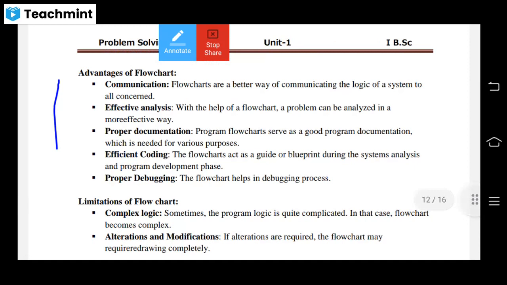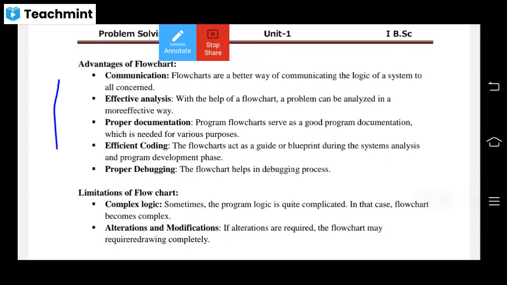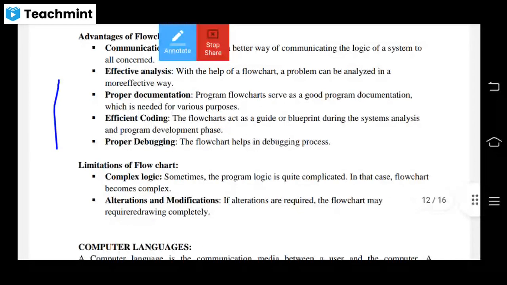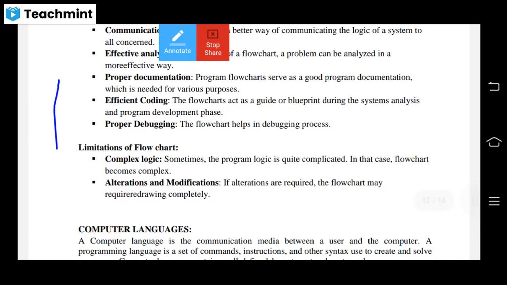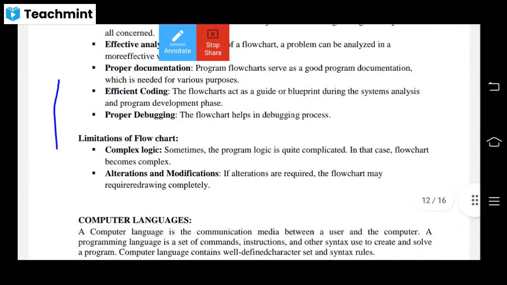For proper documentation, we can present good program documentation. Related to efficient coding, the flowchart acts as a guide, like a blueprint, to the programmer in the development phase. Next, proper debugging.